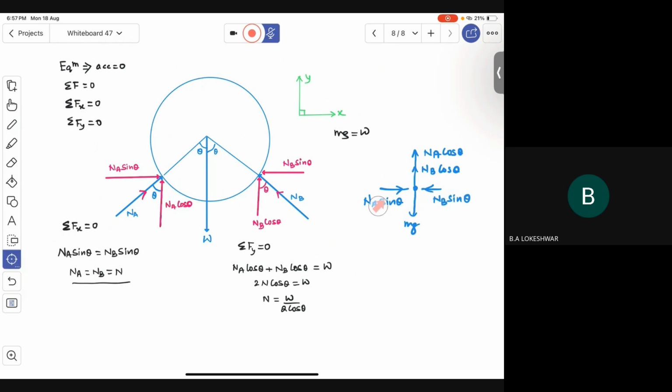For that, Na sine theta must be equal to Nb sine theta, no? I can cancel them. So Na equals Nb. And net force along vertical will be zero, so Na cos theta and Nb cos theta upward must balance the mg, which I'm calling W. Now clear, no?